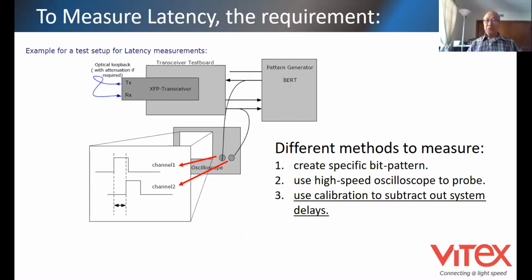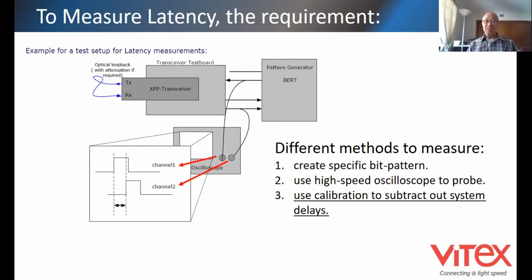There are 3 ways to do it. One is to create a specific bit pattern, because when you use a pseudo-random pattern, you don't know which one is which. So sometimes you might need to create a specific pattern. Sometimes you don't have to.